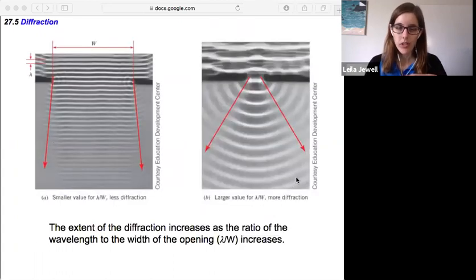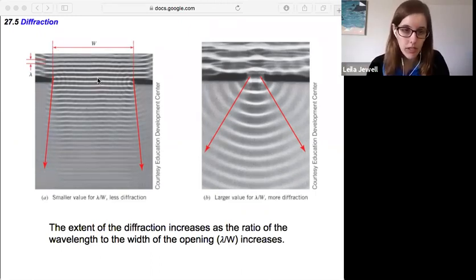And one more note about the conditions for diffraction. The key is this ratio of wavelength to width of opening. Here they show the width of the opening, which is really cool to get a visual of, and the wavelength is shown between the crests, the ridges.